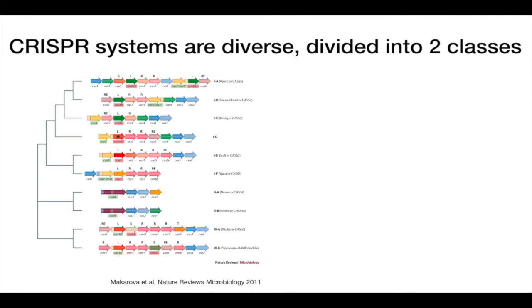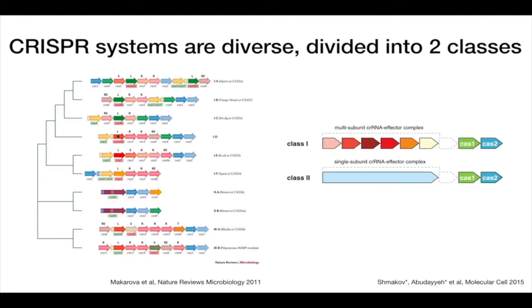And so based on that division, we can reclassify CRISPR systems into two different classes. There's the class 1 CRISPR systems, which use several different proteins that form a complex to mediate the immunity effect. And then the class 2 CRISPR systems include Cas9, use just a single protein working with the RNA guide to be able to carry out defense.